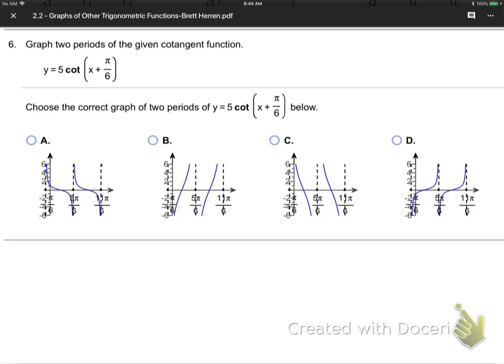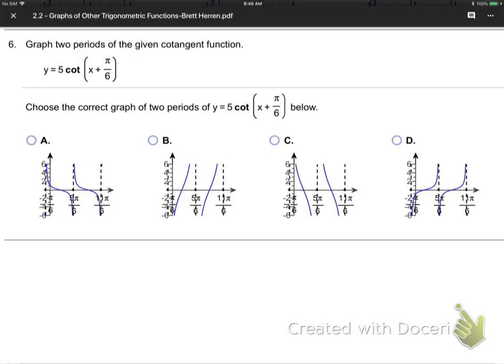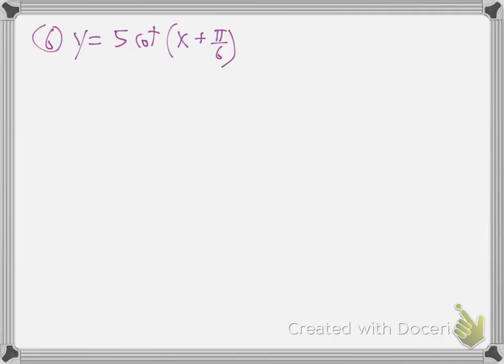So do the same thing. Put that inside between the two boundaries and get x alone. So we take that inside.